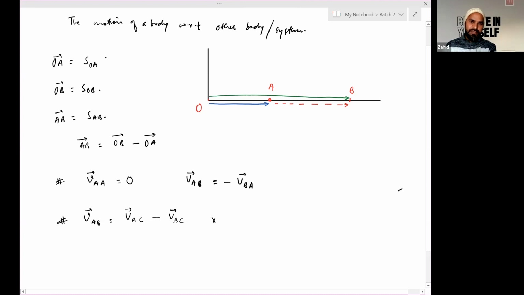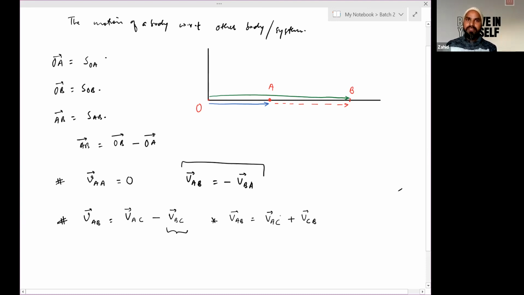And if you reverse this orientation, the velocity of A with respect to B is equal to the velocity of A with respect to C plus the velocity of C with respect to B. I've just reversed this orientation using this concept, so there will be a plus sign in between.